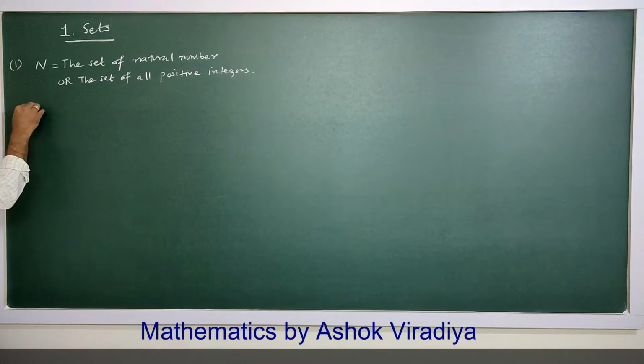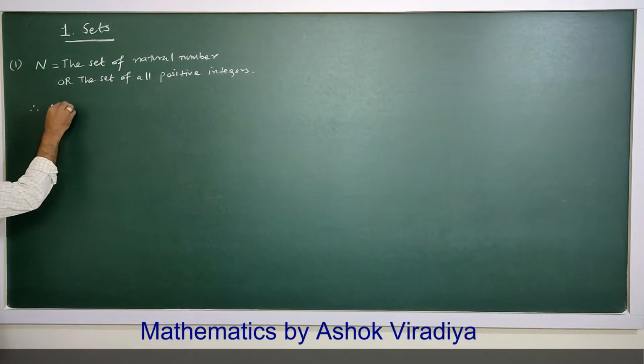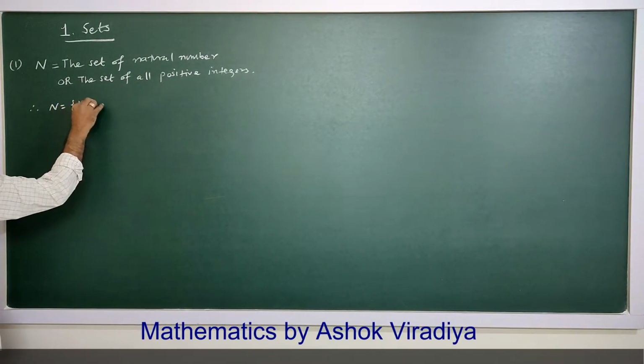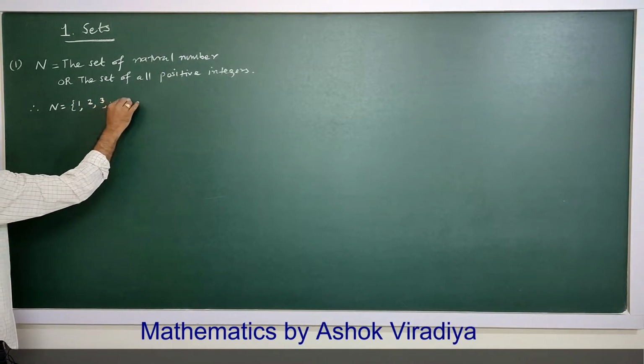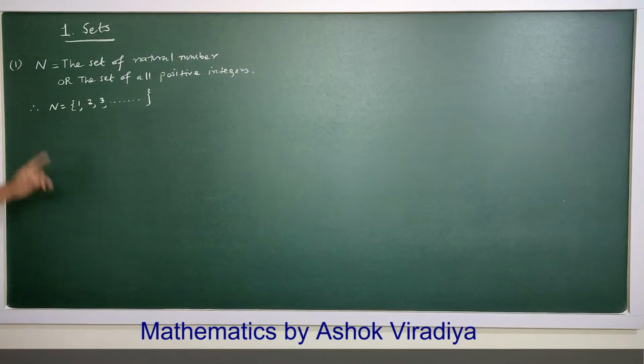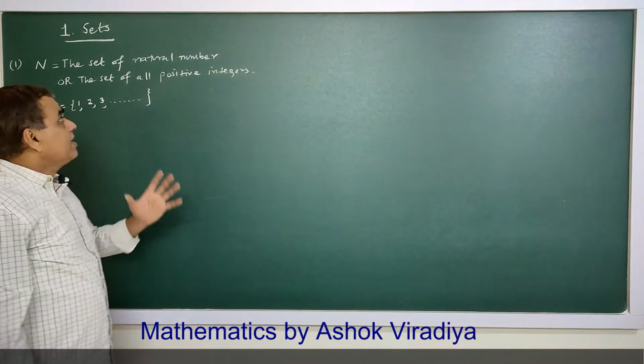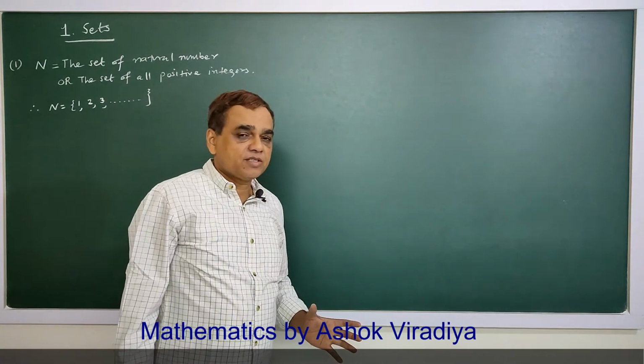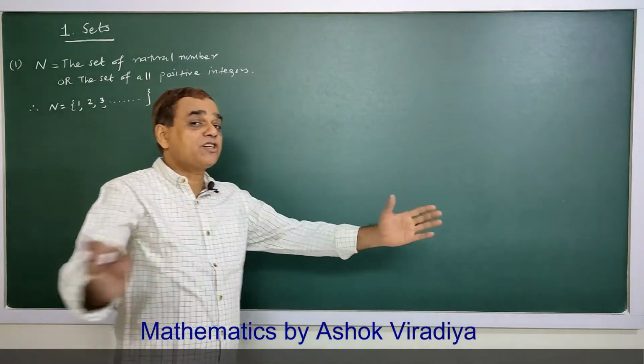So this N contains 1, 2, 3, etc. up to infinity. This is the set of all natural numbers.